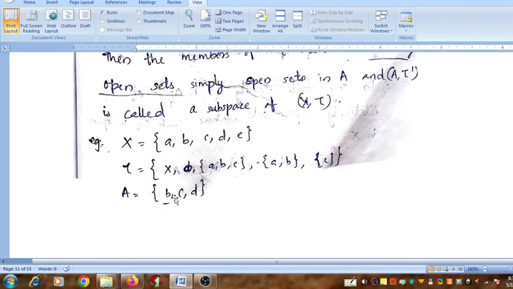After that we take the intersection of A with the second element, then with the third element, next with the fourth element, and then with the last element.